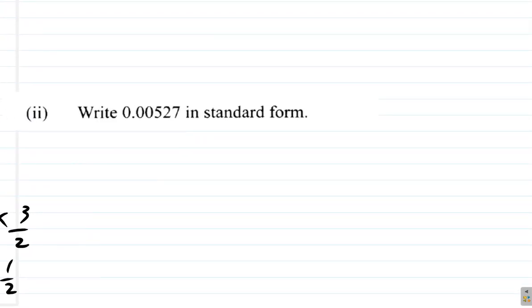You have to remember now, when you write a number like this in standard form, you're going to write the first non-zero digit, which is 5, the point, and the other digits, and you always going to write as a number by 10 raised to a power.